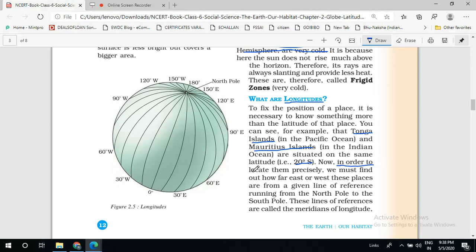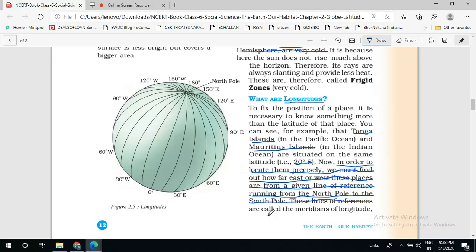In order to locate the places precisely, we must find out how far east or west these places are from a given line of reference running from the North Pole to the South Pole. These lines of reference are called the meridians of longitude.